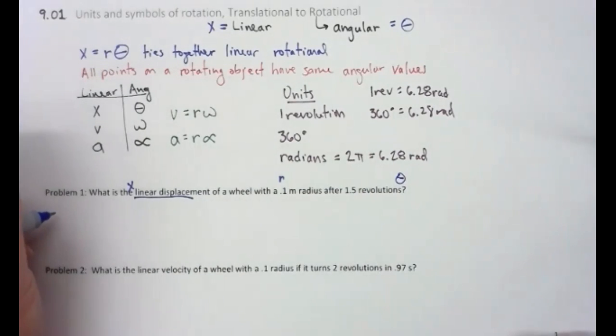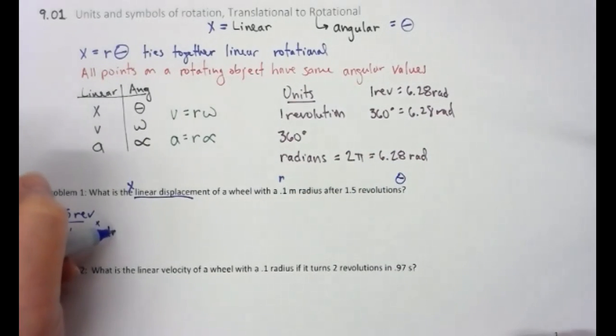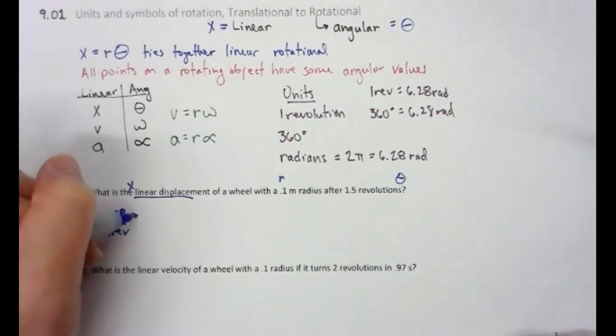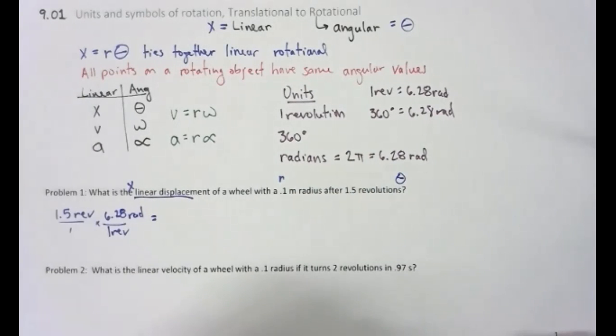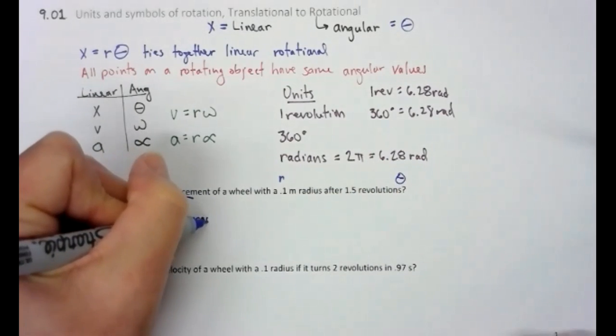So I have to convert 1.5 revolutions. If you remember your dimensional analysis from chemistry, I'm going to multiply that by the conversion factor, where 1 revolution is 6.28 radians. And I'm going to get a value of 9.42 radians.